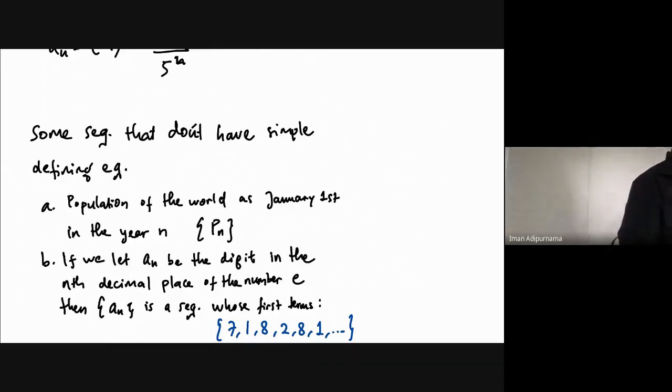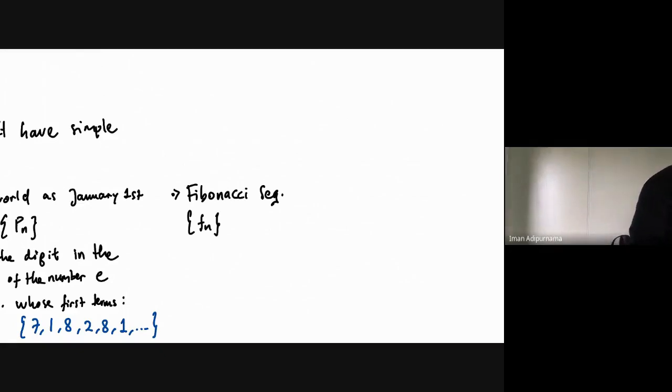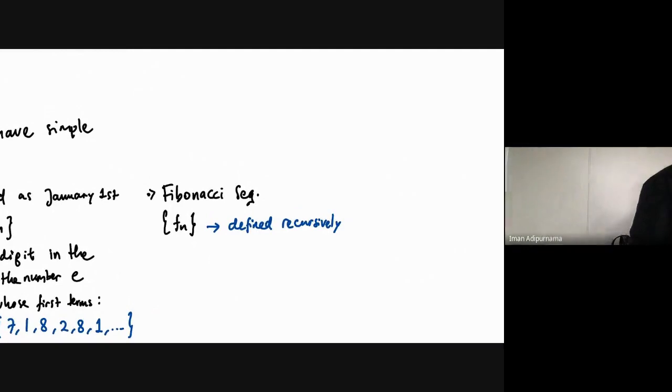And then the famous one that you know, I think it's called the Fibonacci sequence. Let's say we write this as F_n. It's defined recursively. Do you know what recursive means? Let me write.